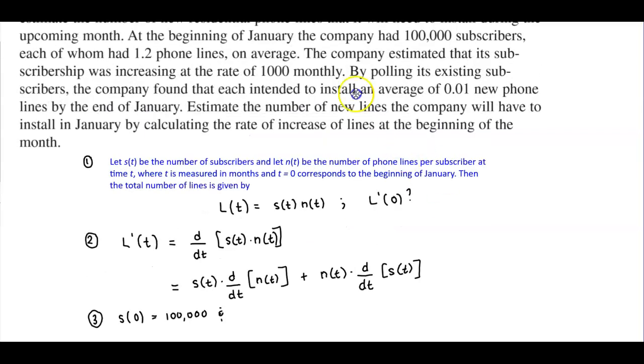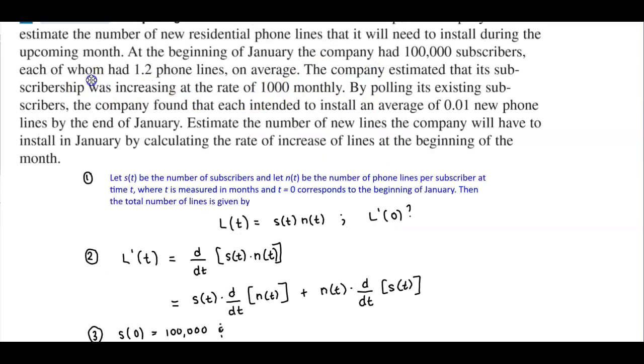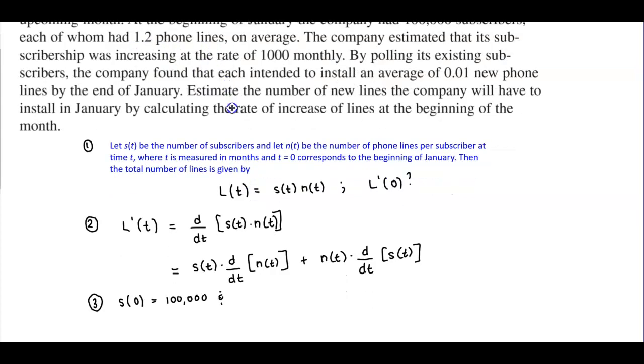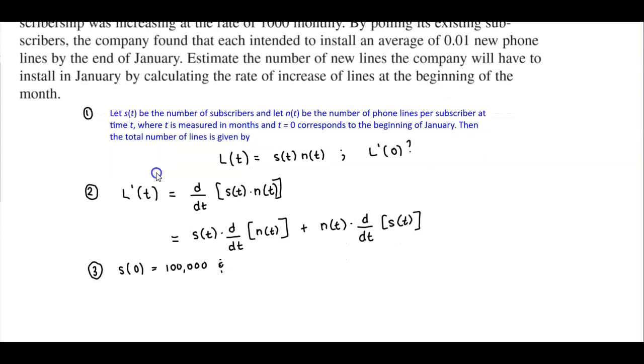Also, it tells us that each had 1.2 phone lines on average. N of t represents the number of phone lines per subscriber at time t, so N of 0 is going to equal 1.2.